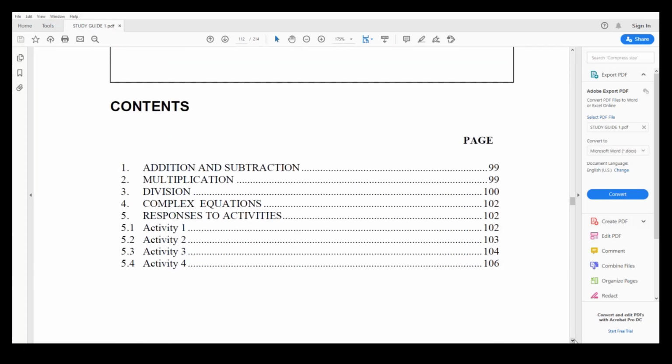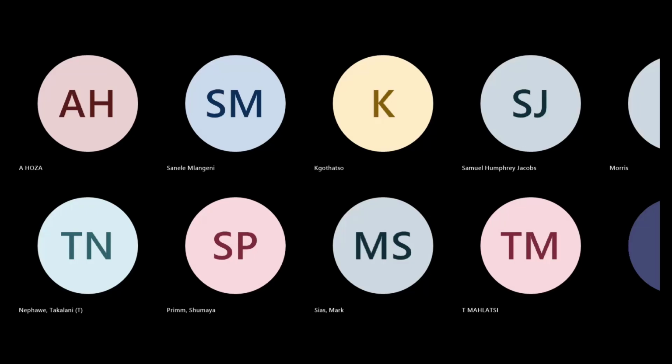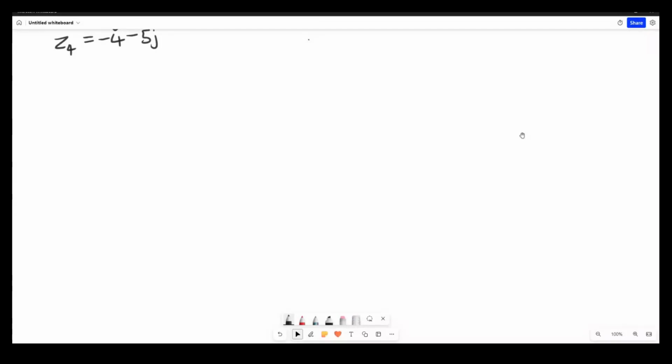Let's just do some addition of complex numbers. Let me just share the whiteboard with you guys. Right. Okay, so we're looking now at operations.